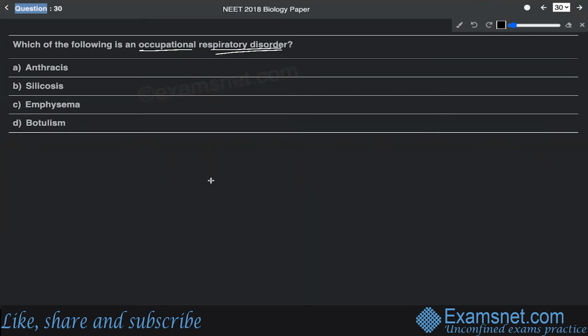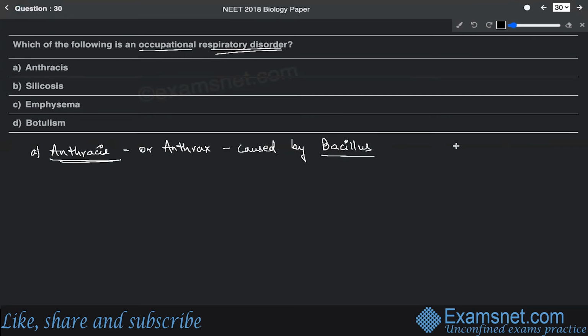So we can say that option A, anthracis, or anthrax, is caused by Bacillus anthracis, and that affects domestic and wild animals.